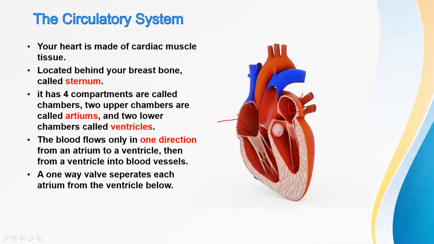Both atriums contract at the same time. When both atriums contract at the same time, the blood goes into the ventricle. Did you understand? During the heartbeat, both atriums contract at the same time to push the blood into the ventricle.